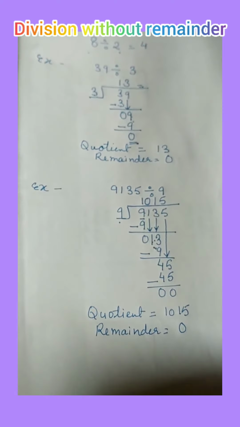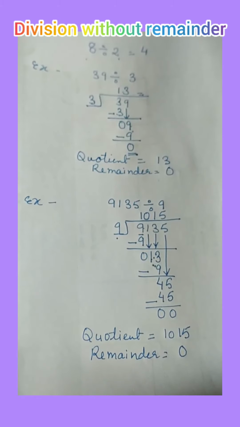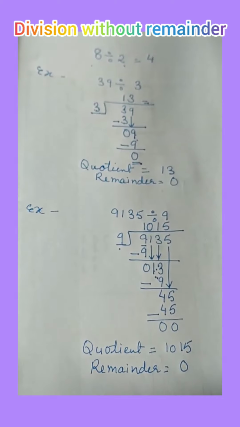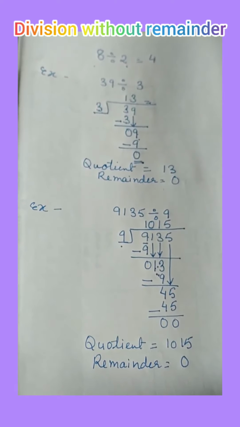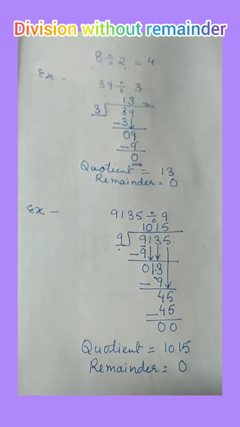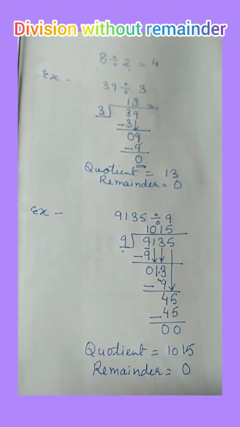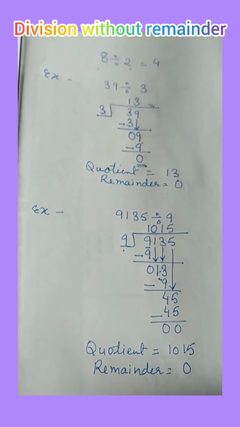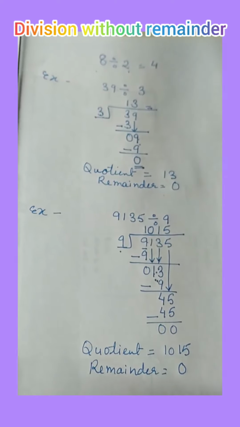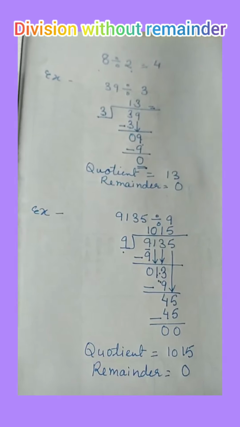So this is the long method of division by which we can divide any number by a single digit number, okay? One digit number. In our next video, I will explain division by a one digit number but with remainder. Here we are left with nothing, but in our next video we will learn division with remainder.